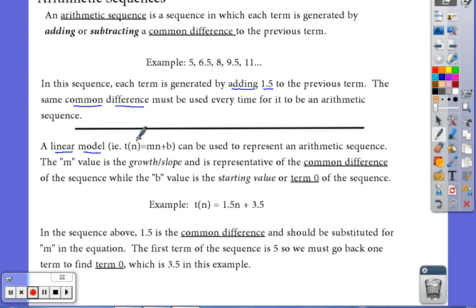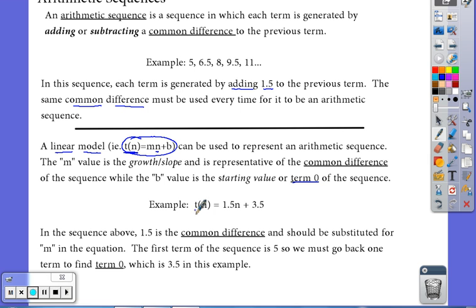So here, this looks a lot like mx plus b, except we're using t of n and n as our variables. That's function notation. You should be familiar with that. That can be used to represent an arithmetic sequence. The m value is the growth or the slope and is representative of the common difference, while the b value is the starting value, or term 0, of the sequence.